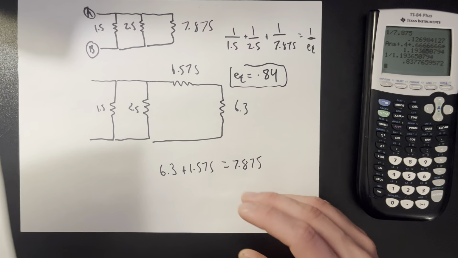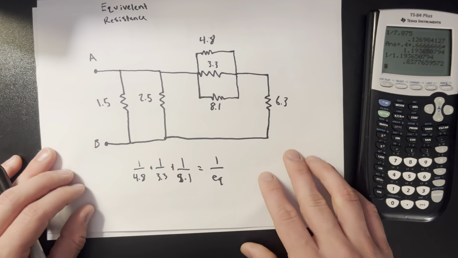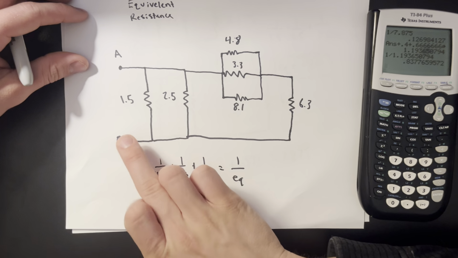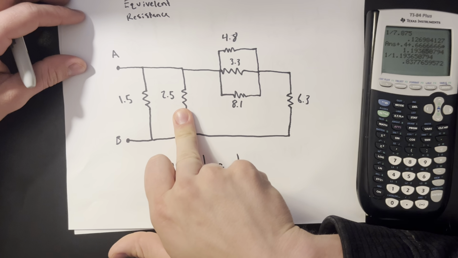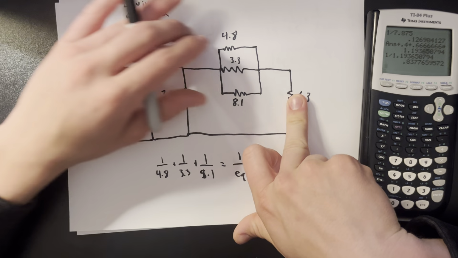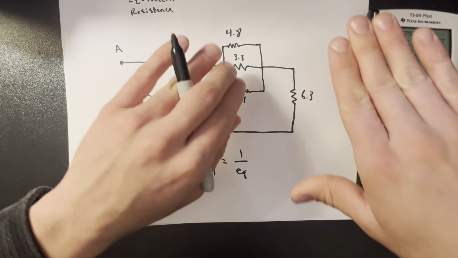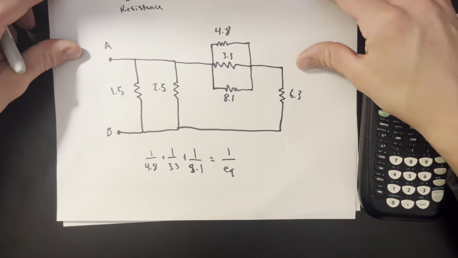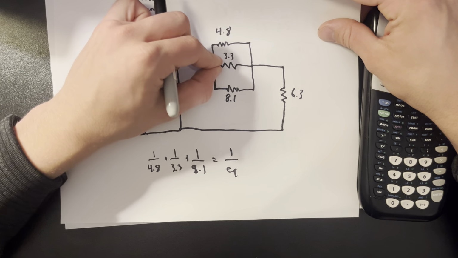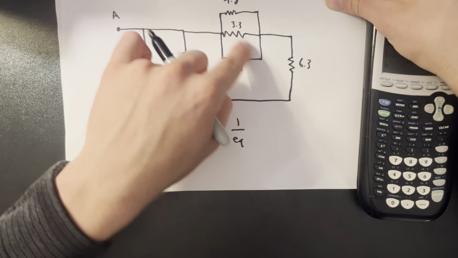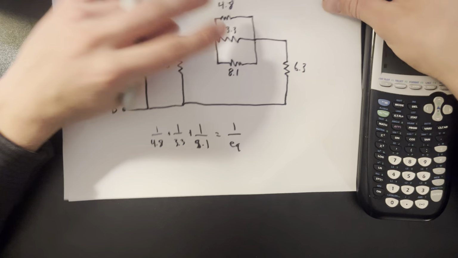So to briefly go over what we did, this is our starting problem. We said, hey, this problem is going to be really easy if this is in parallel with this is in parallel and this is in parallel. However, we have this big chunk that we need to implement within itself, and then we need to implement it with this 6.3. So what we did is we reduced this into one by adding them in parallel, because these three are in parallel with each other.